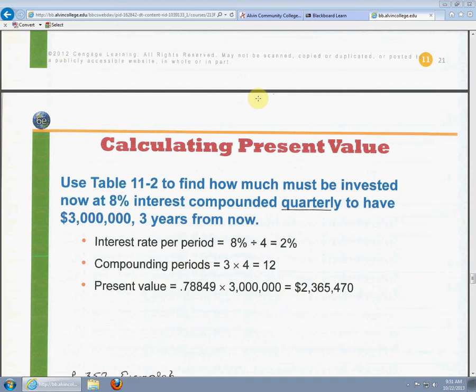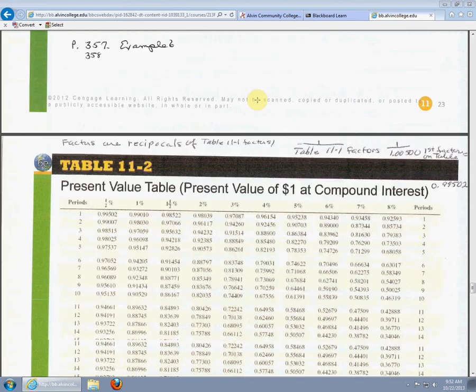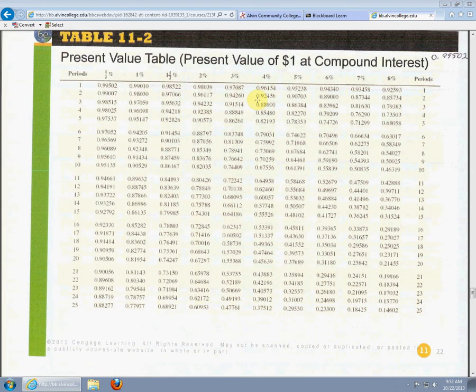Our table on page 358 only goes for 25 periods. So it may be that we have extended periods, and we would do exactly the same thing that we did in the future value situation.